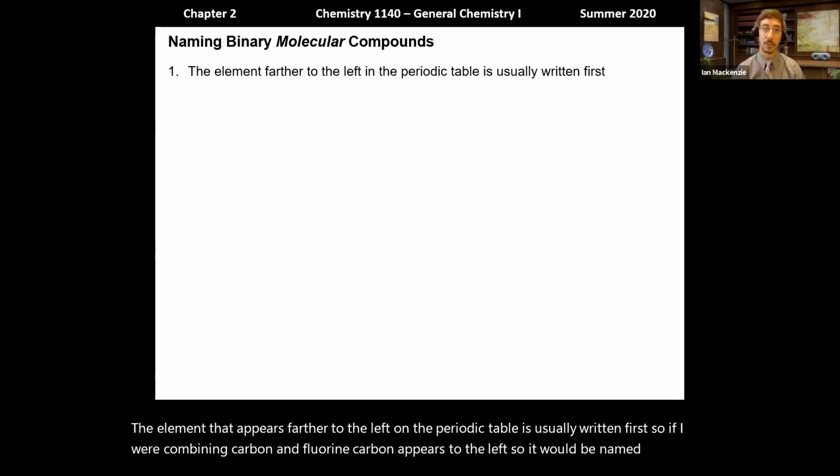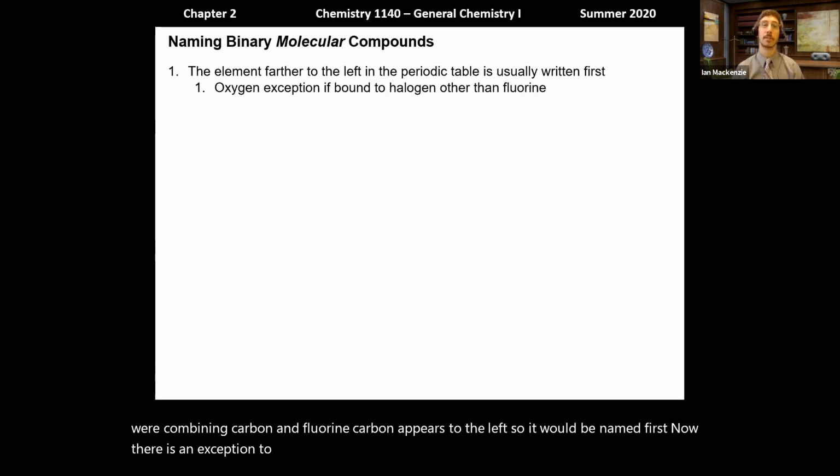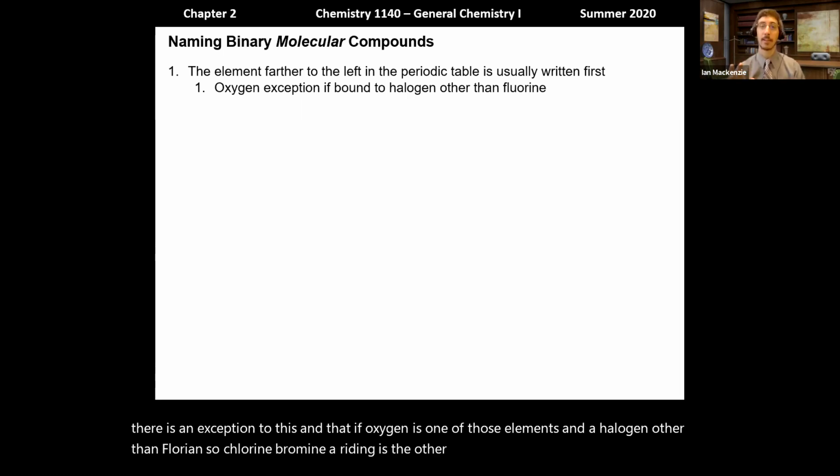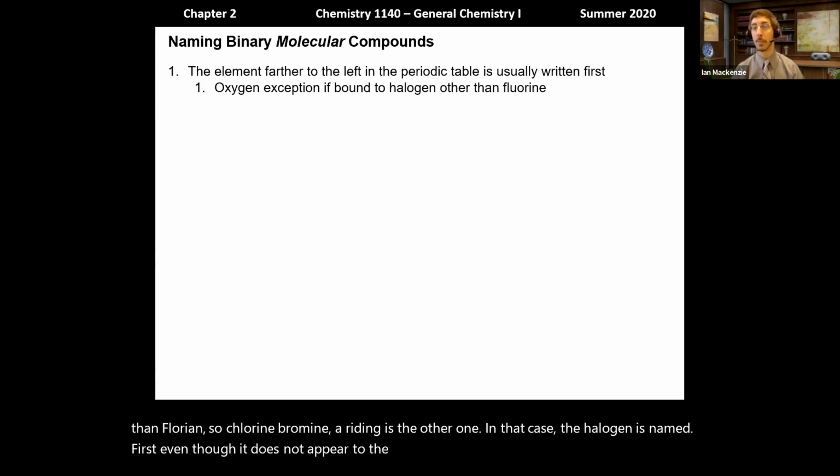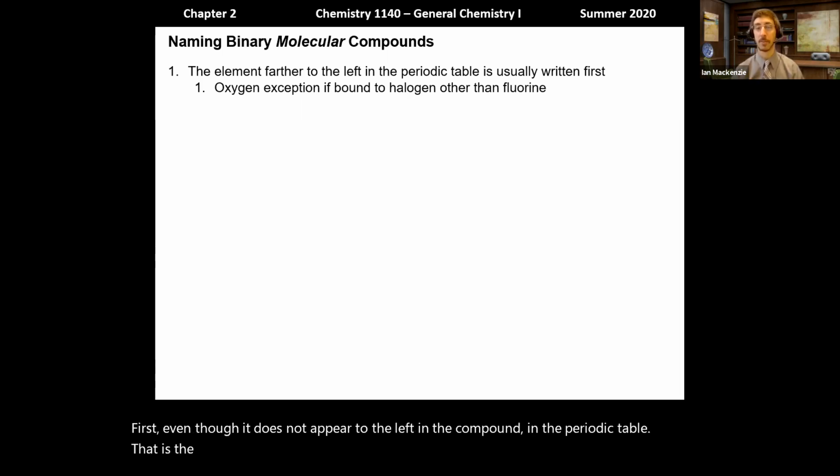Now there is an exception to this, and that is if oxygen is one of those elements and a halogen other than fluorine, so chlorine, bromine, or iodine, is the other one. In that case, the halogen is named first, even though it does not appear to the left in the periodic table. That is the only exception, however.